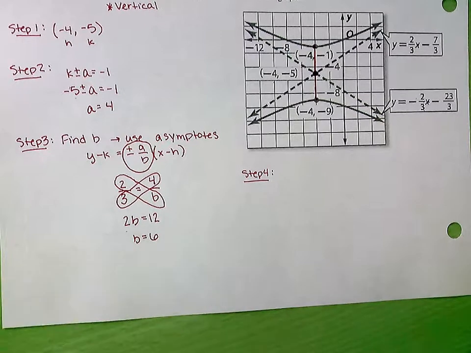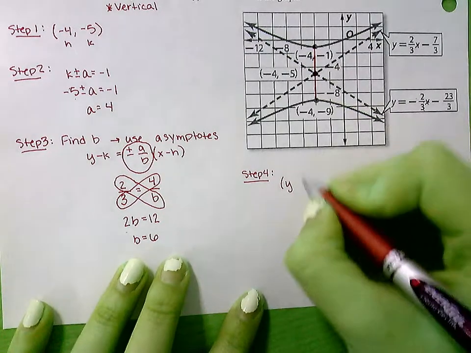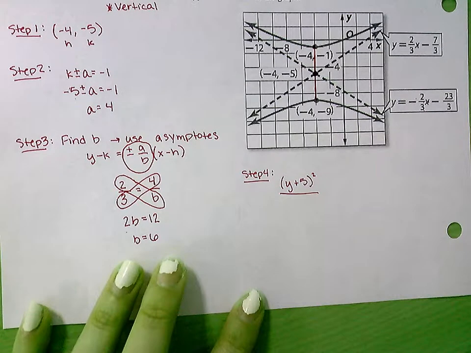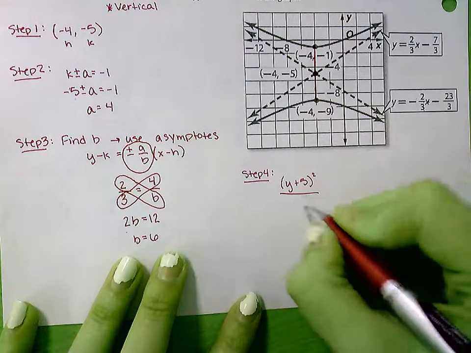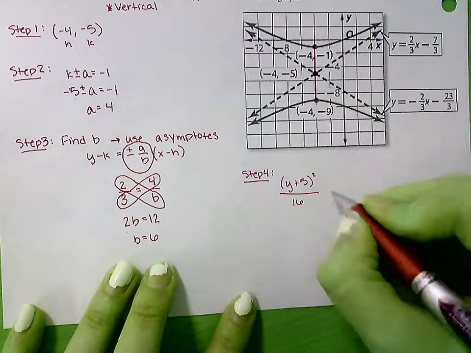Okay, and for my vertical, I'm taking y minus k squared over a squared. So a is 4, so square that to get 16.